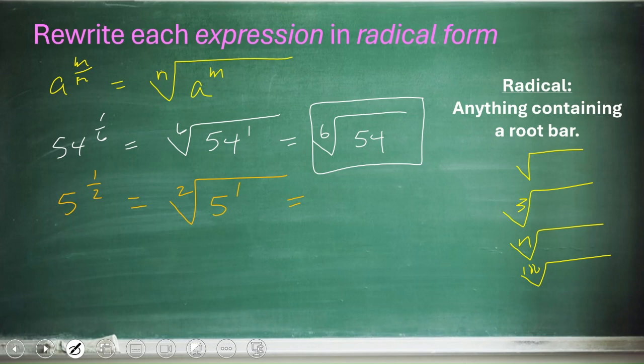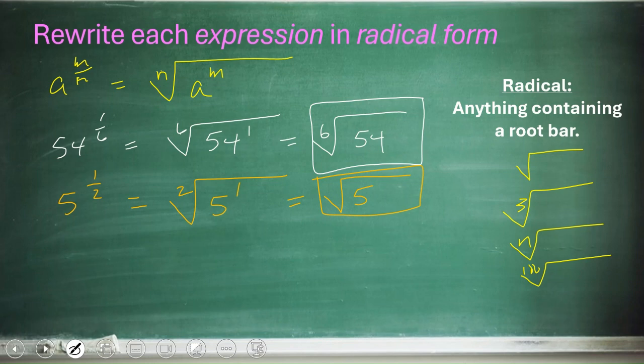This is the square root. So it's completely correct to write it the way that we did. But again, wanting to be efficient, we tend to write square roots, roots that would have a 2 in the check mark, as just the root bar. And then 5 to the power of 1 is 5. So this would be the best, simplest answer, but both are correct.